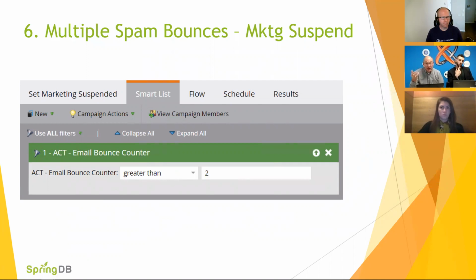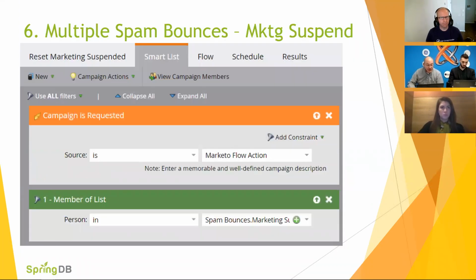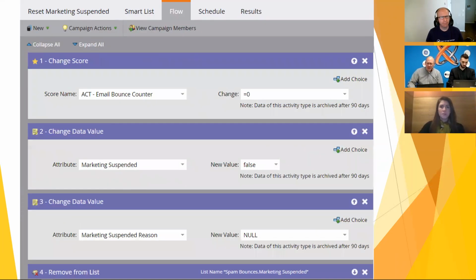And if they do have more spam bounces again, then you might want to permanently suspend that person from receiving any additional emails from you, and ultimately remove them from your database, at least from Marketo if that's the case. And these slides, by the way, I'll make available so you can peruse some of these more complex flow actions, especially the spam bounce. It gets a little involved.